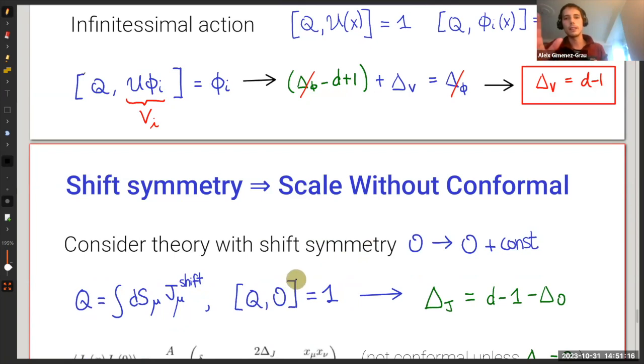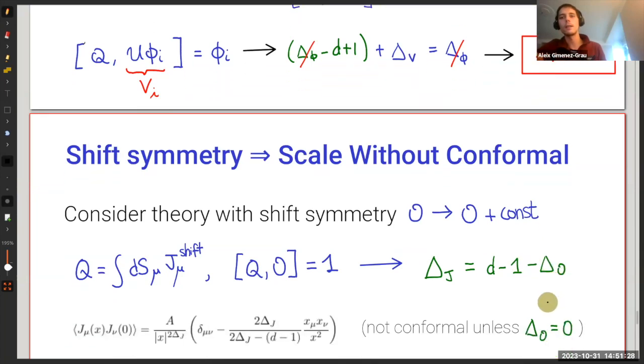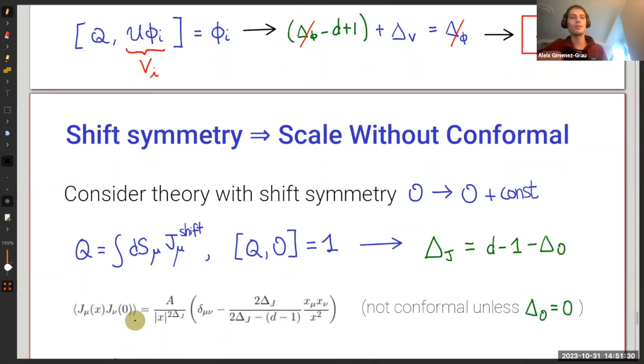And now by doing dimensional analysis again, you're going to see that the current that implements this shift symmetry has dimension d minus 1 minus Δ_O. Now you run the same argument as before. We have some current, we can compute its 2-point function, and its 2-point function is actually fixed, with some relative coefficient which is fixed because this is conserved, right?